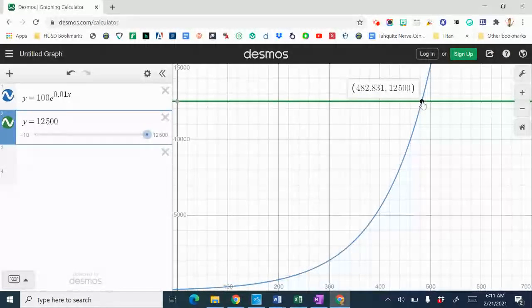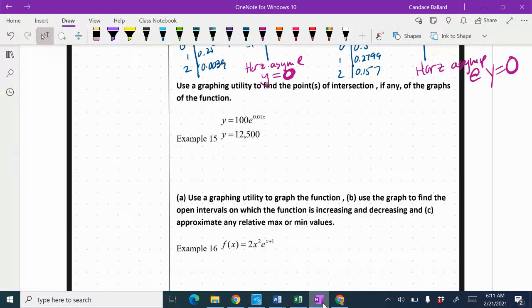So I noticed that my point of intersection here is 482.831 and then 12,500. So that's really all we're doing, just reading the point of intersection off of the graph on that one. So there isn't a whole lot. Probably what you could do to prove that you've put it in your calculator is draw a little sketch, so we know it looks like this.